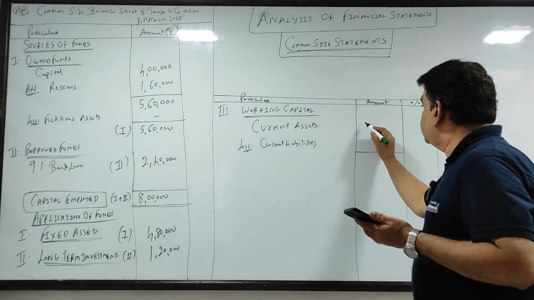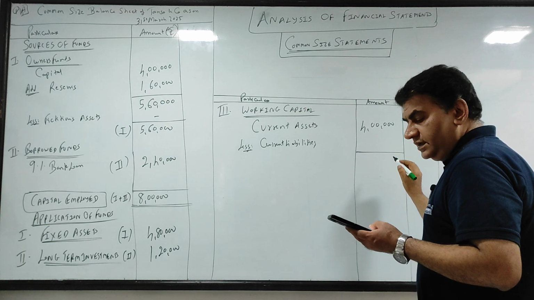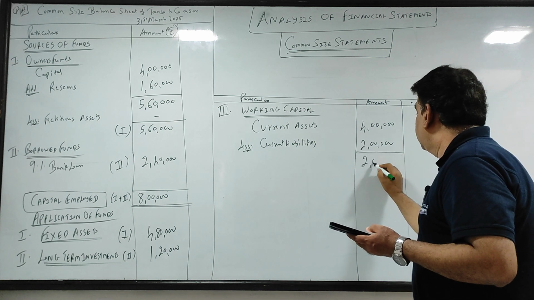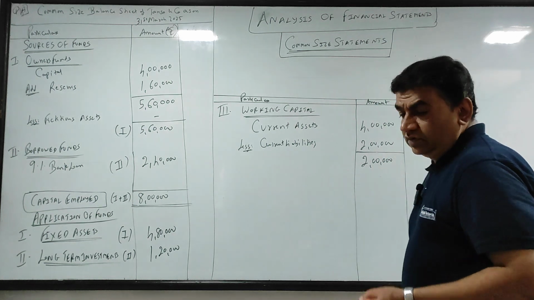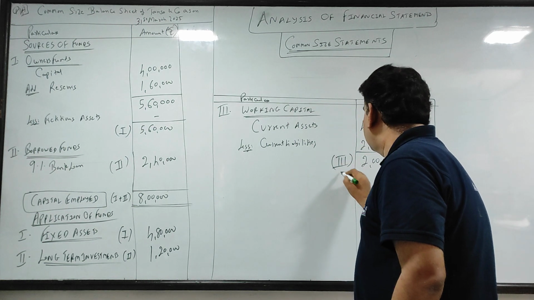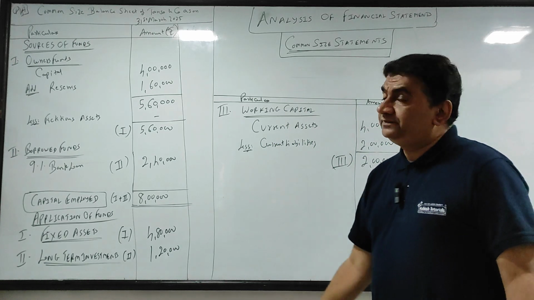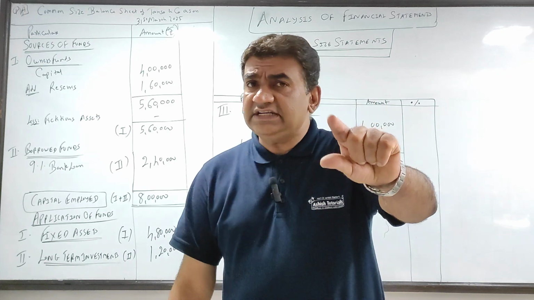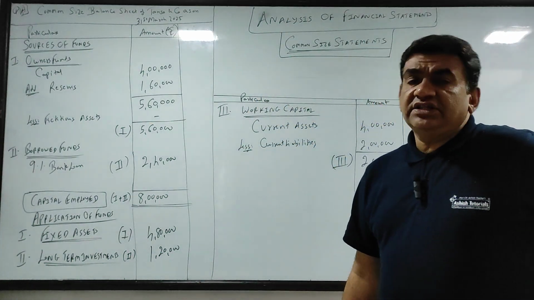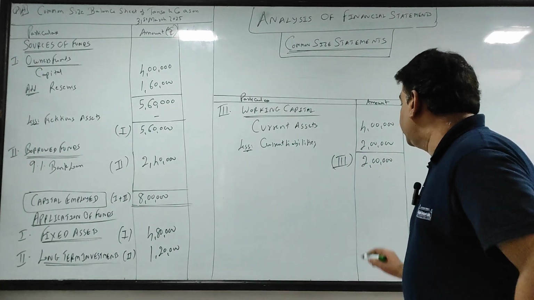Current asset is 4 lakh. Current liabilities 2 lakh. So 4 lakh minus 2 lakh, 2 lakh becomes my working capital. So again I'll brush up. Sources in 2 parts, owners funds, borrowed funds. Application in 3 parts, fixed assets, long-term investments and working capital.